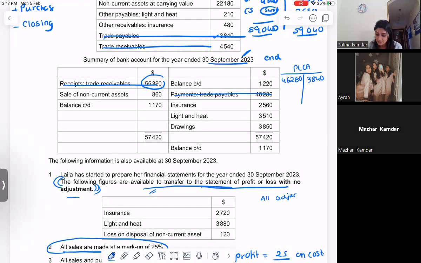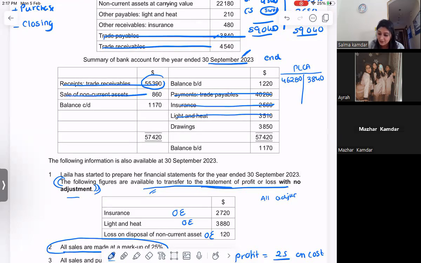So insurance is other expense, light and heat is other expense, loss on disposal is also other expense. That means I have nothing to do with whatever insurance I have paid over here, whatever light and heat I have paid over here.